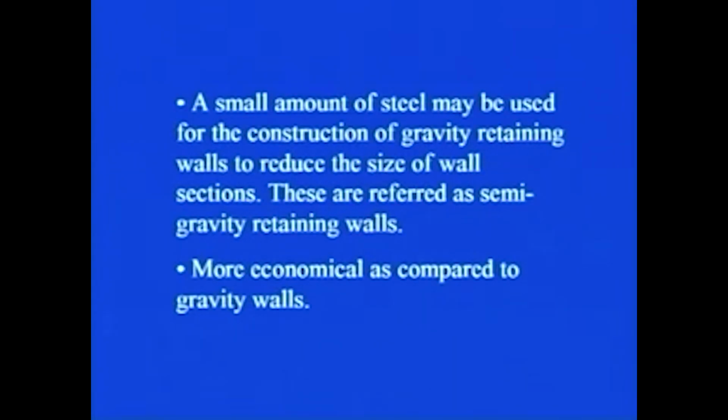Let us see the main features of this kind of wall. A small amount of steel may be used in the construction of gravity retaining walls to reduce the size of the wall section. These are referred to as semi gravity retaining walls. These are more economical as compared to gravity walls, because you can go ahead for higher walls.